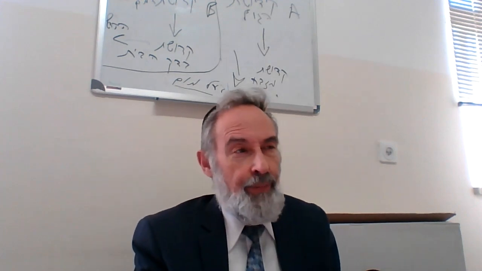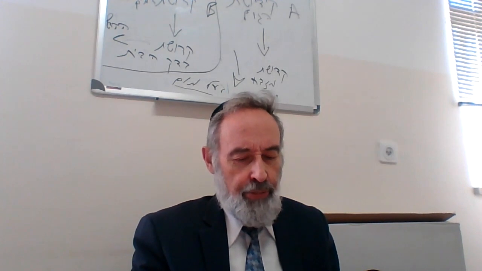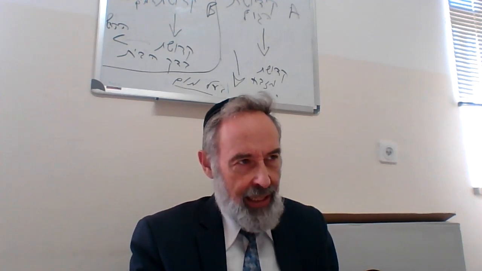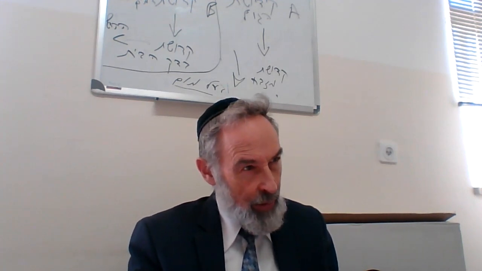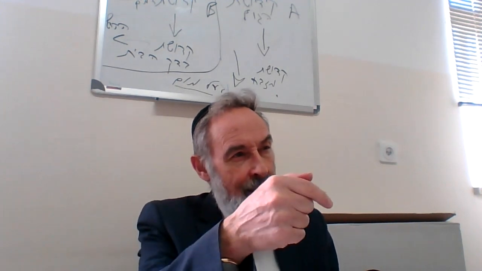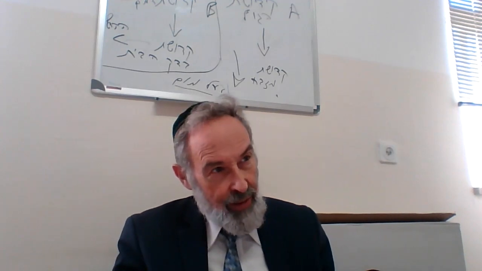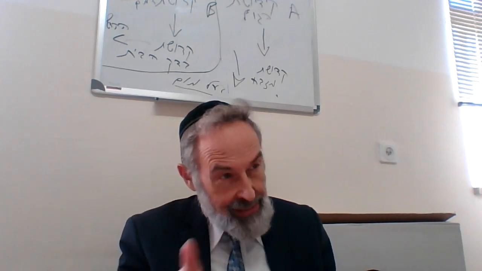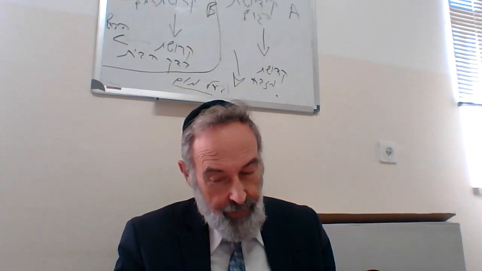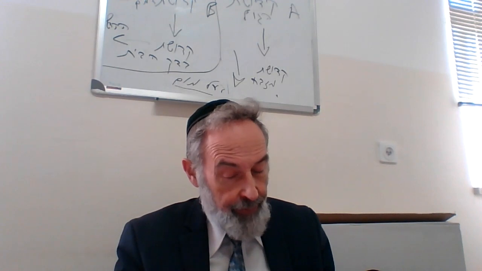Like, for example, I have to think of a nafka mina. If I sell you a property, real estate in a walled city that was walled from the time of Yehoshua, then I have rights to buy back that field up to 12 months. That's at the end of Sefer Vayikra. So the seller could, so to speak, buy it back.